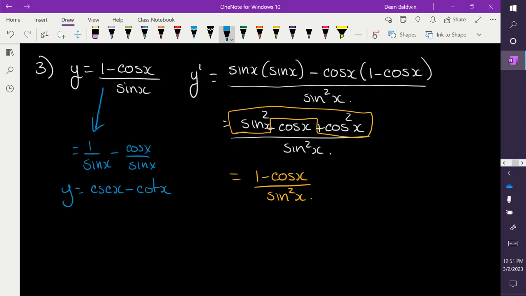What's the derivative of cosecant? Negative cosecant x cotan x. What's the derivative of cotan?